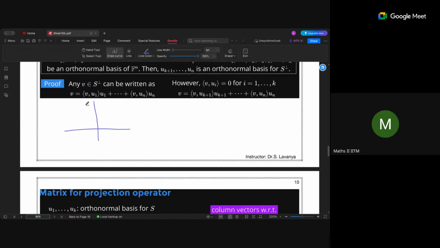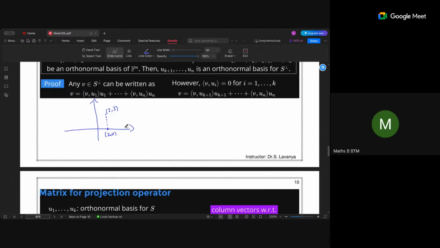The same example I will take. So you are here at (2, 3). When I project it onto the x-axis, I got (2, 0). What is the projection of (2, 0) on the x-axis? It's the same, itself, so it's already there. I want to project it again on the same line, so it is going to be the same.